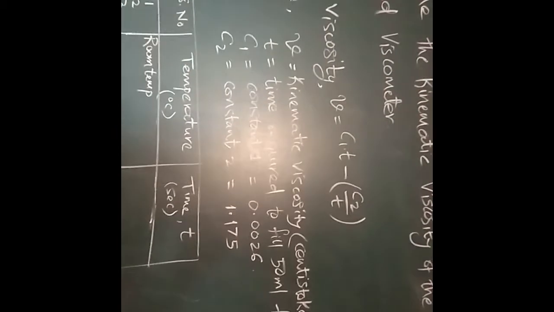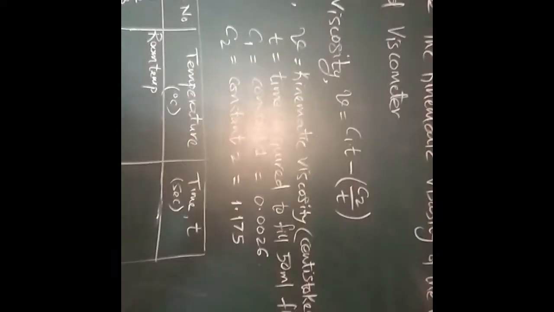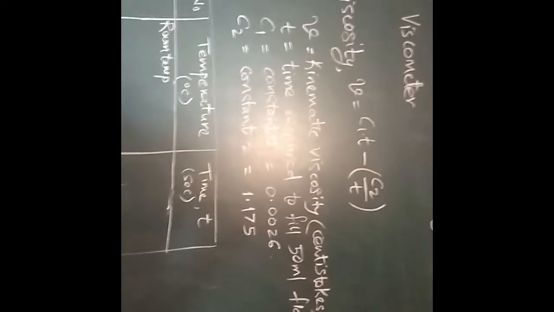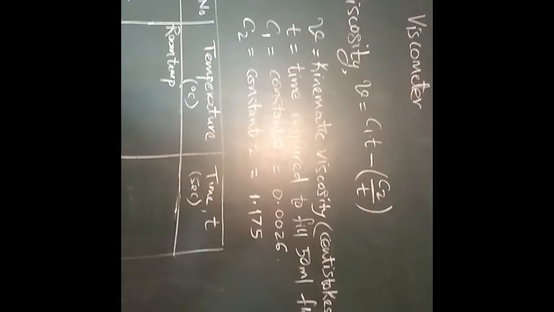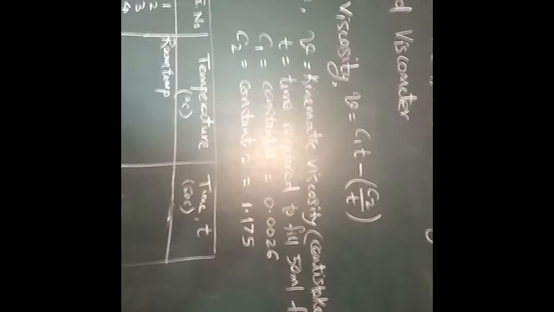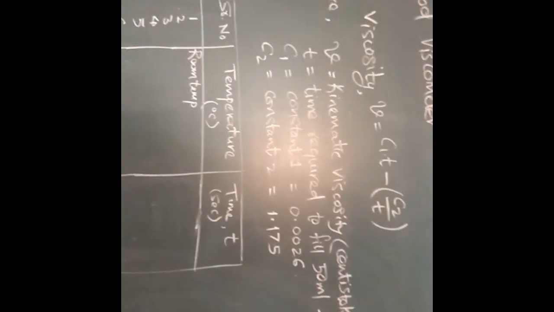The kinematic viscosity, denoted as nu, is given by C1 into T minus C2 upon T, where nu is the kinematic viscosity measured in centistokes. Time T is the time required to fill 50 ml of the measuring cylinder or the flask, in seconds. C1 and C2 are the constants given for the Redwood viscometer. C1 is 0.0026 and C2 is 1.175.